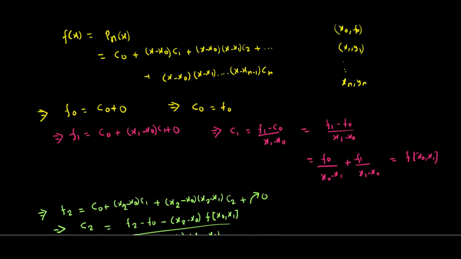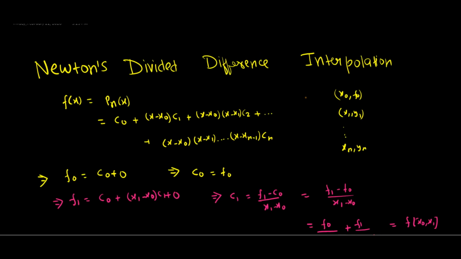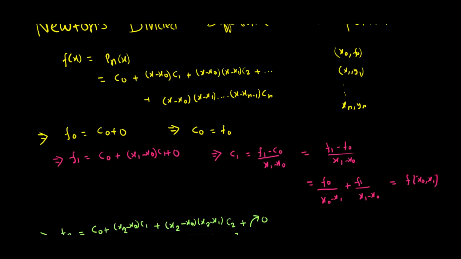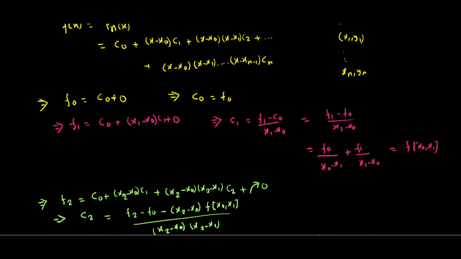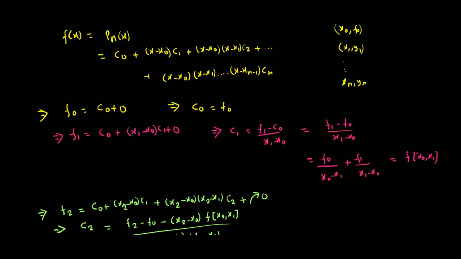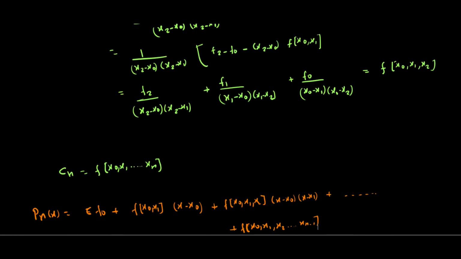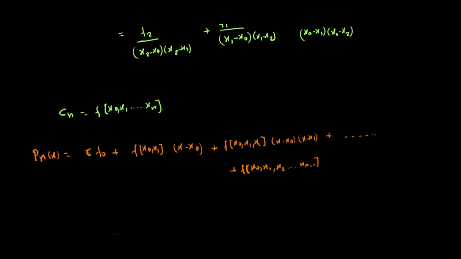What we are doing is simply replacing the coefficients with what we got. This will go up to xn, and here this will be (x minus x0) into (x minus x1) and so on up to (x minus xn minus 1).